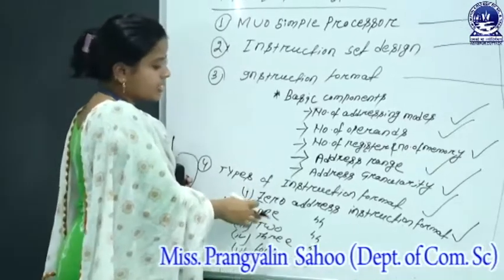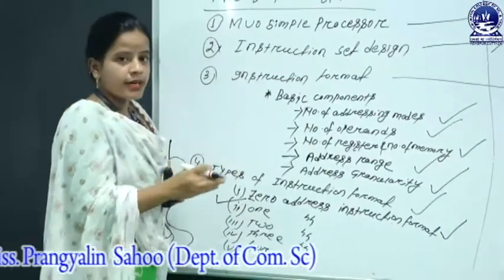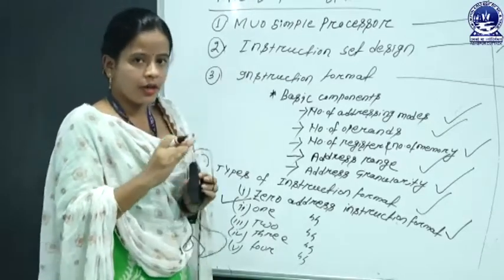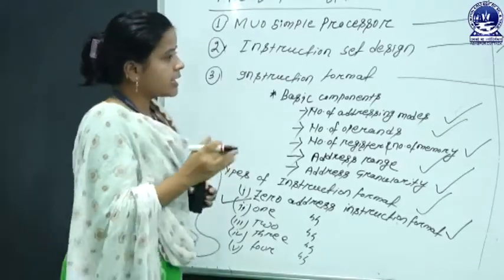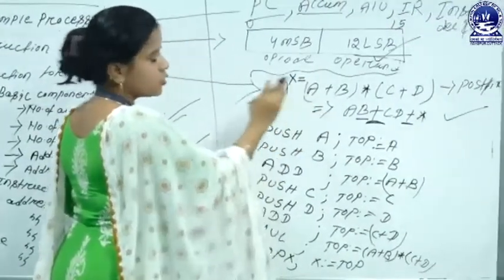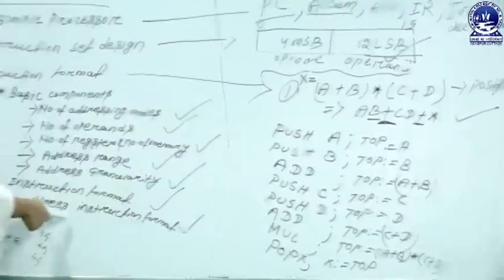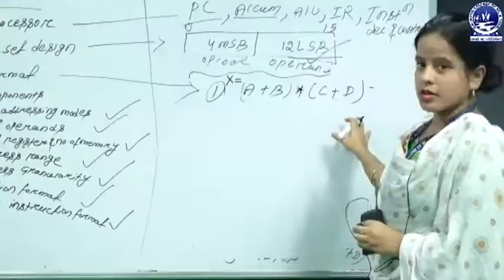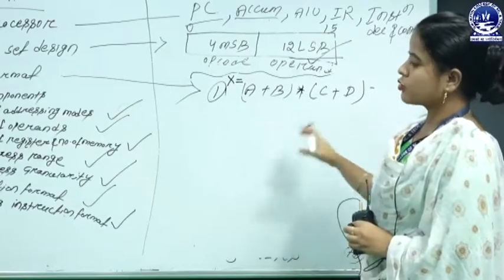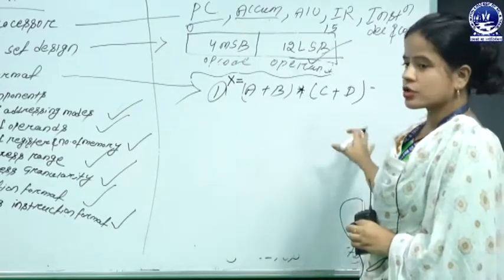In a one address instruction format, one opcode and one address field are used. So now take this given example and see how it is executed using the one address instruction format.